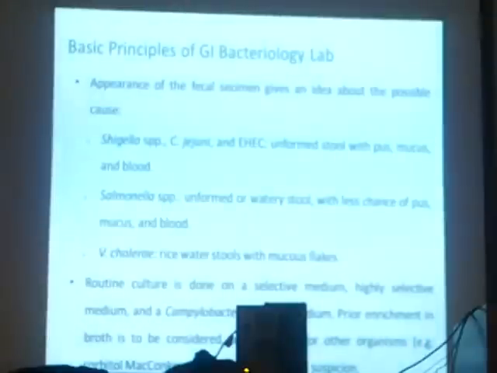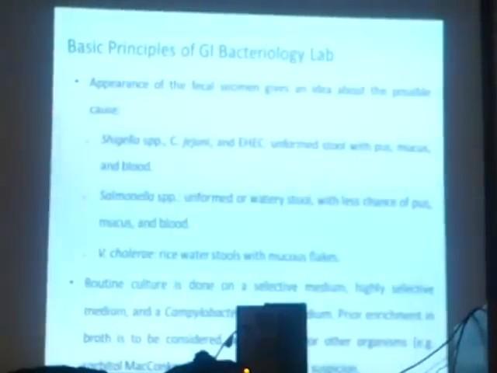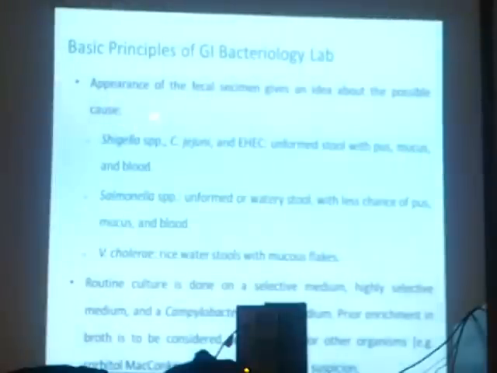Culturing for other organisms, such as sorbitol MacConkey for E. coli O157:H7 or TCBS for Vibrio species, is only done upon suspicion, from the treating physician, or from the observation of the fecal specimen.